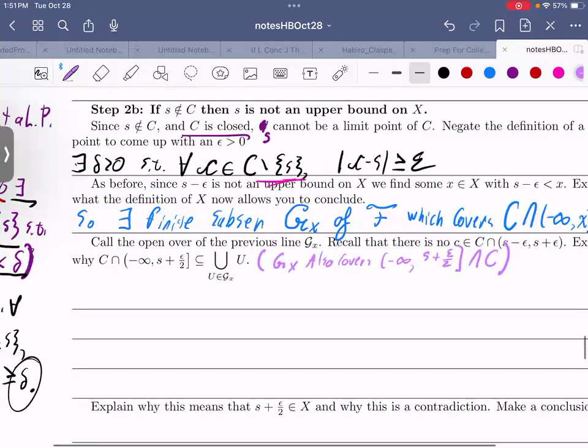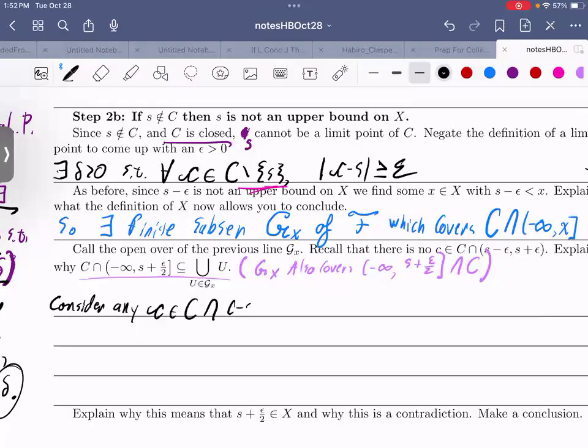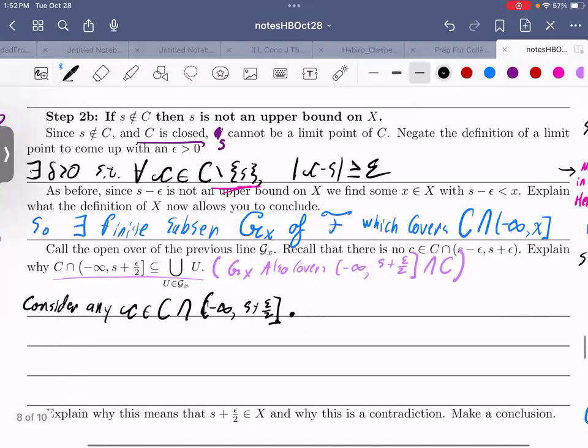All right. So I think I'm getting real close. I think I'm basically there. Let's push on a little bit longer. So what does it mean to cover? Well, let's consider any c in C intersect negative infinity to S plus epsilon over 2. Well, let's use this fact.